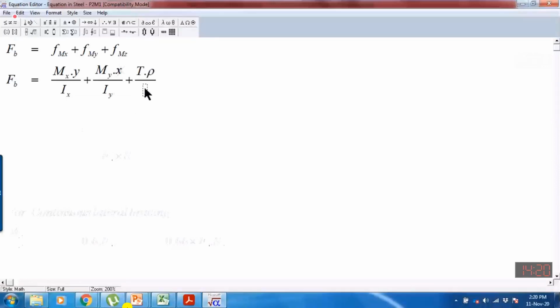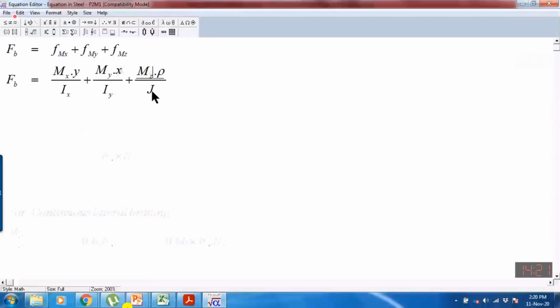You can write tau with torque, or you can write it as Mz. So Mz is the torsion. If the moment is produced about the longitudinal axis, that is referred to as torsion. So tau equals T rho over J. J is the polar moment of inertia, which is J equals Ix plus Iy.